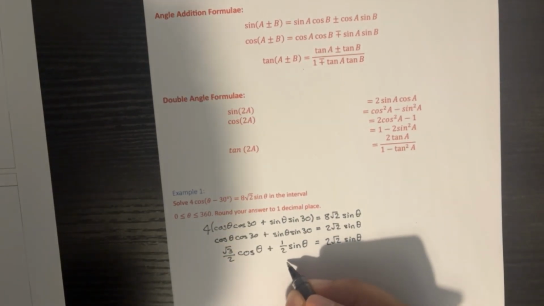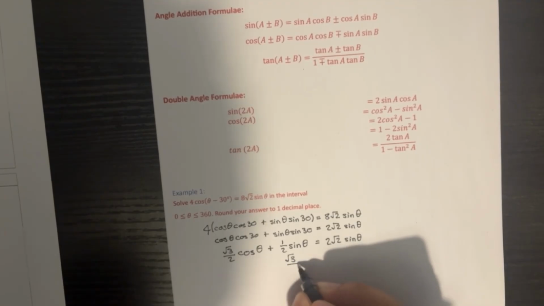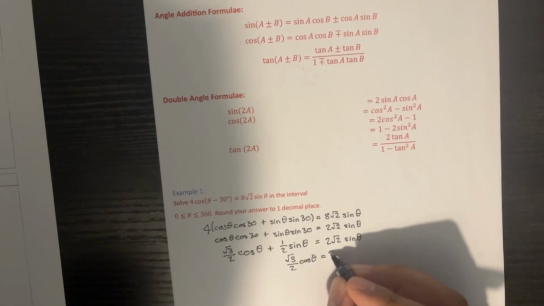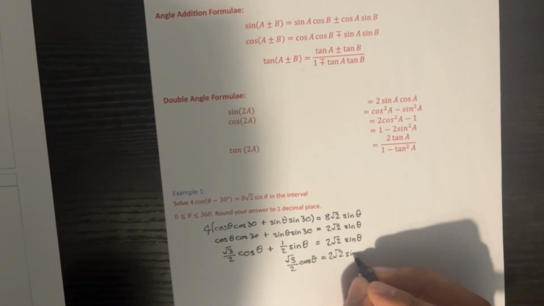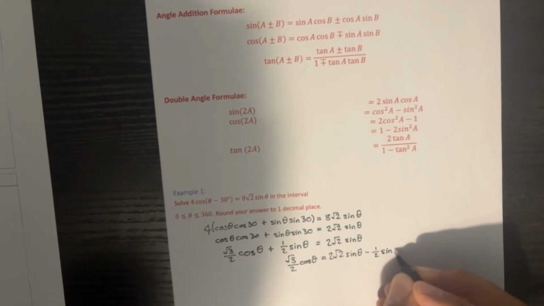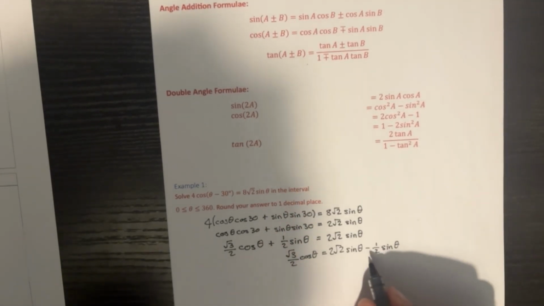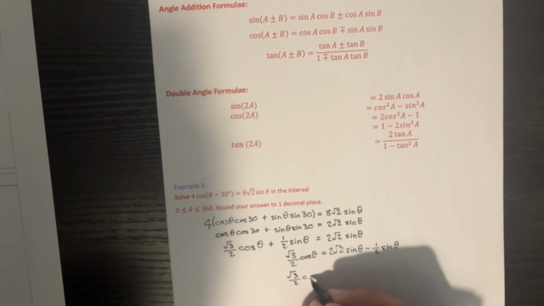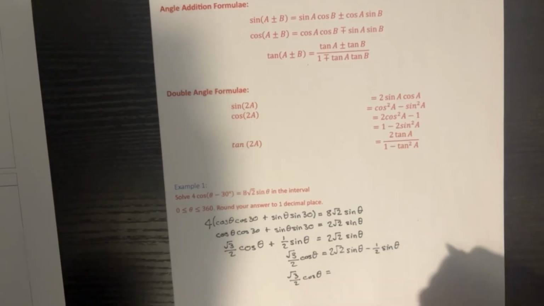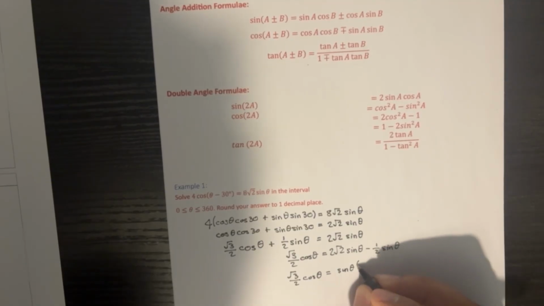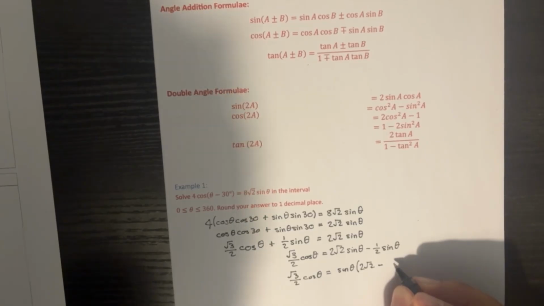So I've got root 3 over 2 cos theta is equal to 2 root 2 sine theta minus a half sine theta. I can then factorise this right hand side. So root 3 over 2 cos theta is equal to sine theta lots of 2 root 2 minus a half.